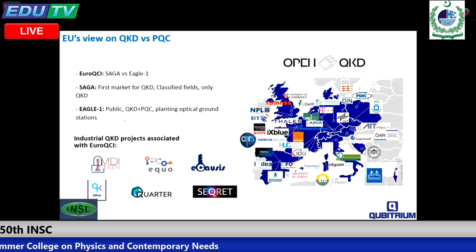They would like to include those things as well. But honestly, I don't know many companies who know what's going on in the Saga part. But on the Eagle 1 part, it's more straightforward. It's a hybrid approach, public QKD plus PQC, planting optical ground stations so that you can receive the keys from satellites. So that's basically something that anyone can anticipate.